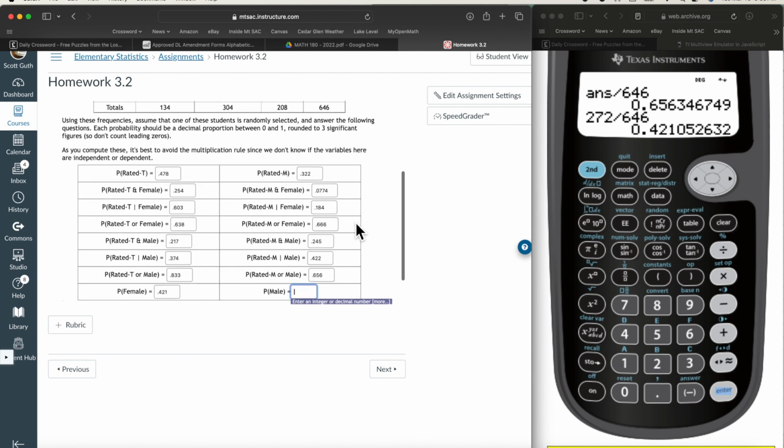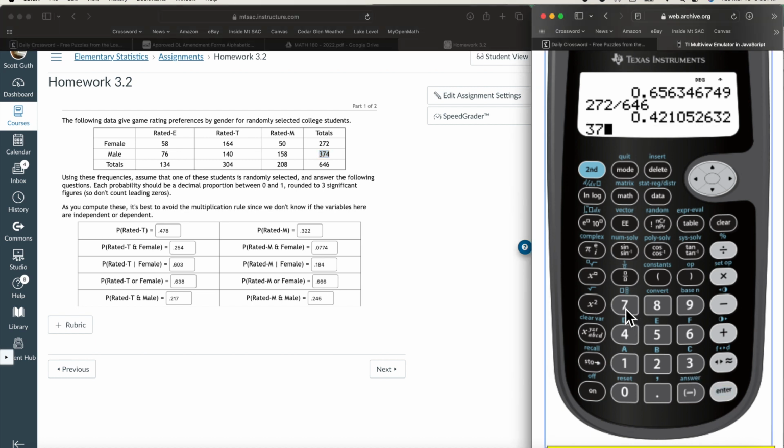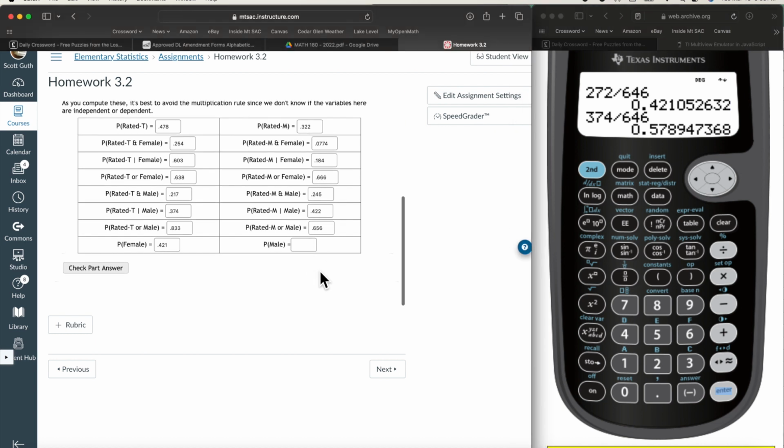So we'll take a look. For the males altogether, it's 374 out of 646 that are male. So again, 374 out of 646, and that's 57.9%. Okay, so I'll put that in here, 0.579.